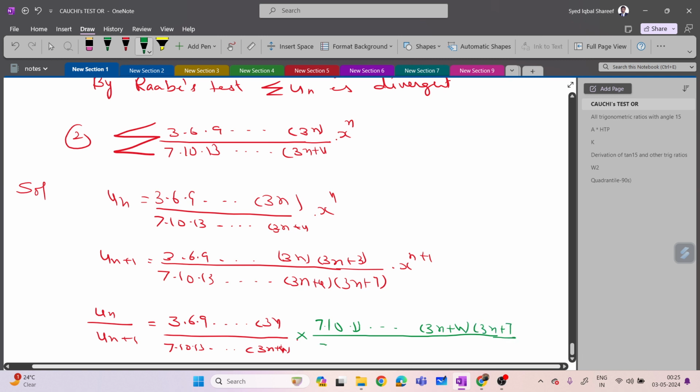divided by 3, 6, 9, and so on up to 3n, into 3n plus 3. So x to the power of n divided by x to the power of n plus 1.